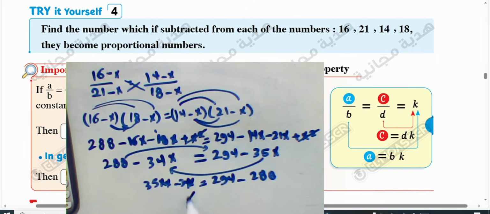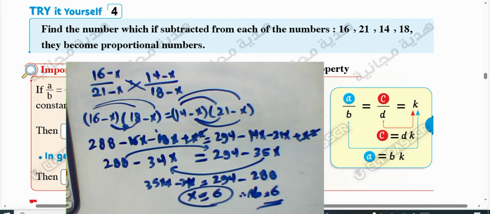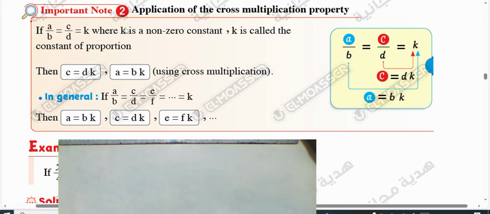We can find the difference, it will be x, and 294 subtract 288, 14 minus 8 equals 6, then the x or the number will be 6. And the number here will be 6.